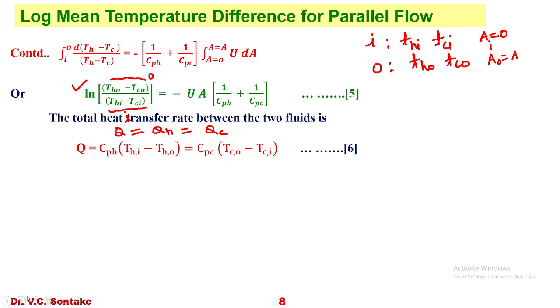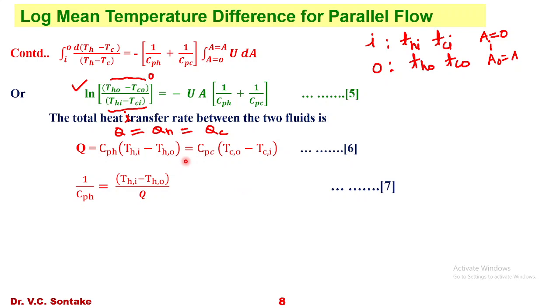Expanding this equation will give the rate of heat as Q is equal to CPH into THI minus THO is equal to CPC into TCO minus TCI. Let us say this is equation number 6.